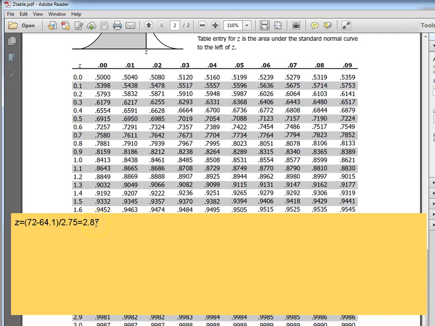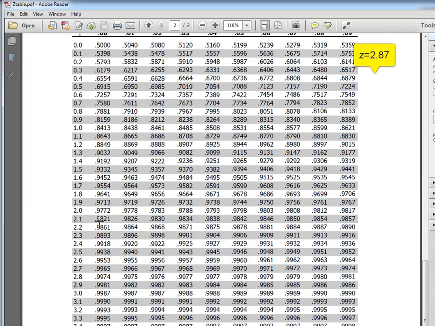So a woman that's 6 feet tall is 2.87 standard deviations above average. That's pretty far above average. But let's look at how unusual it is by looking at the z-table. So again, our z-score is positive, so we're going to be on the page with positive z-scores, and we're going to go down this first column until we find the z-score of 2.8.